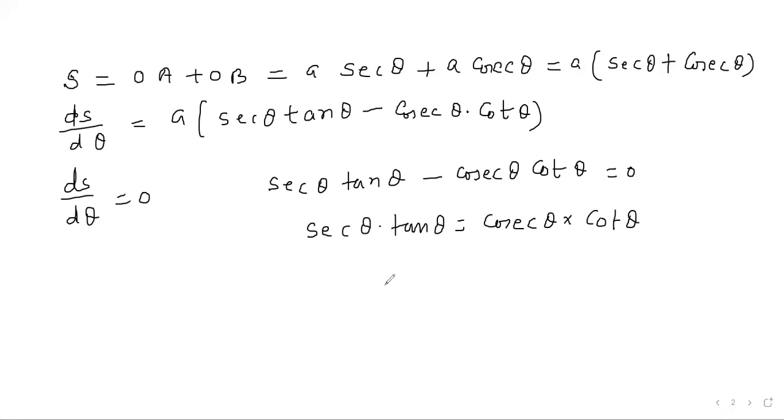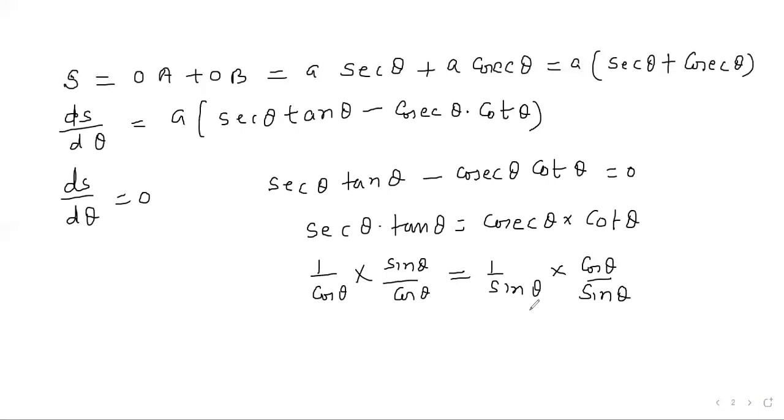We put the values. So 1 upon cos theta into sin theta upon cos theta equal to 1 upon sin theta into cos theta upon sin theta. So from here we get sin cube theta equal to cos cube theta, which gives sin cube theta minus cos cube theta equal to 0.